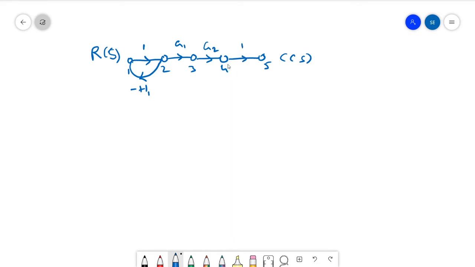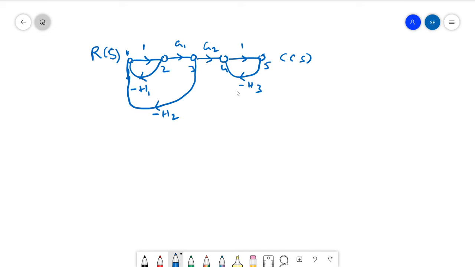Then we'll take the feedback loop here as minus H3. Another feedback we'll take from here and connect it to here, this is loop 1, the first node. This feedback loop gain we'll take as minus H2. This is the signal flow graph.